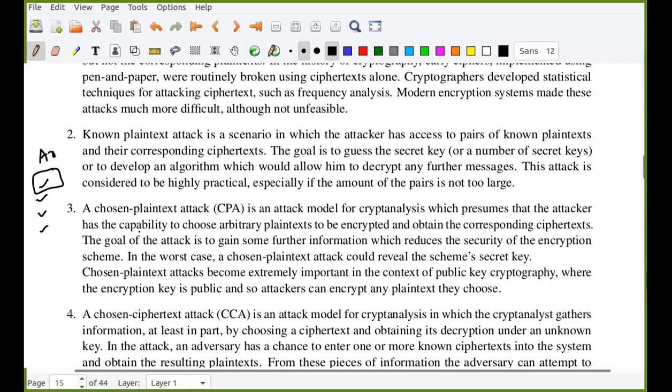Now I hope the difference is clear between these two. In the known plain text attack, prescribed plain text and ciphertext are given. But in the chosen plain text attack, you, the adversary, choose the plain text, and he will give the corresponding ciphertext. Are you able to understand the difference between these two?